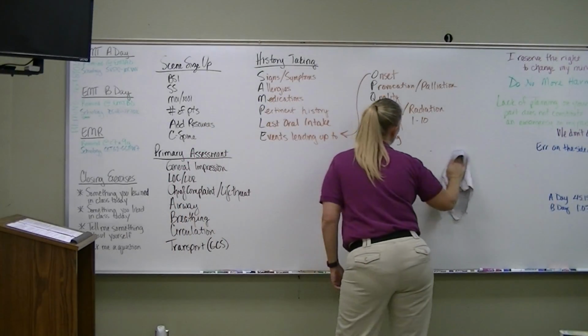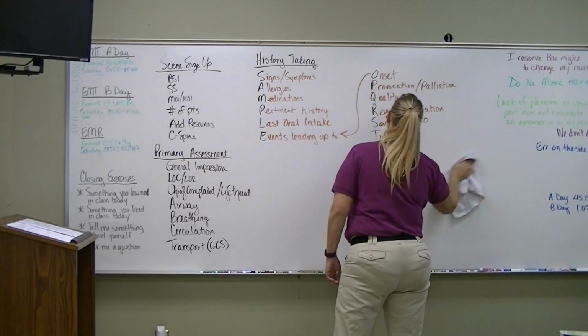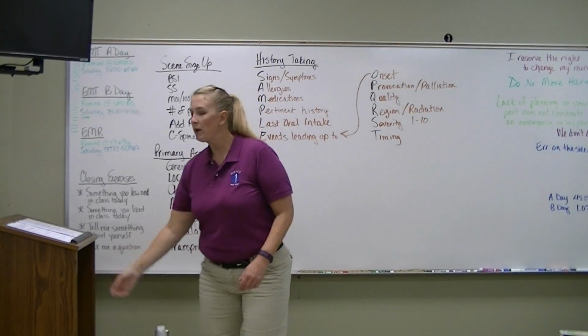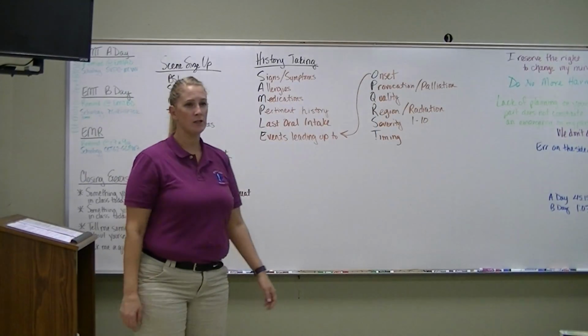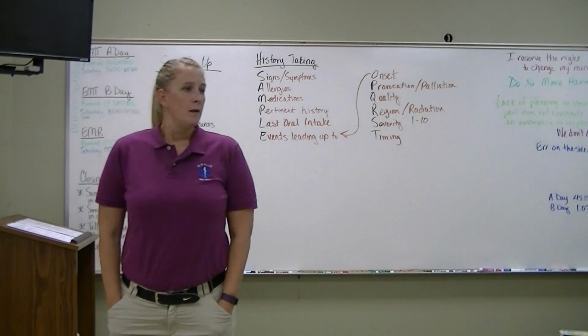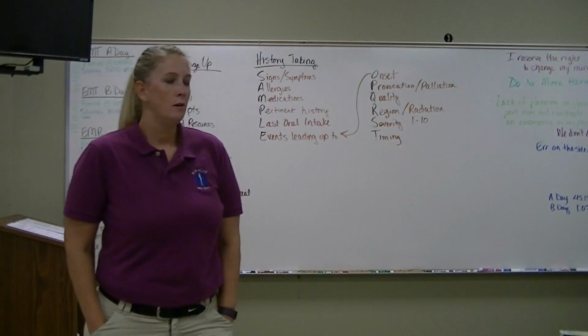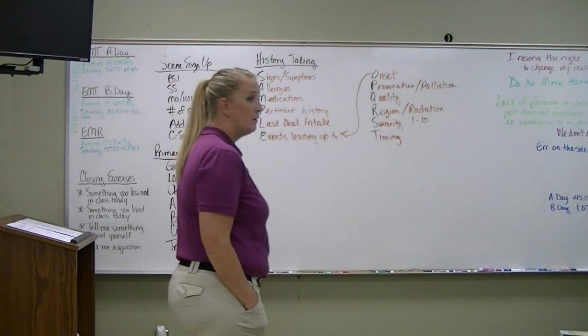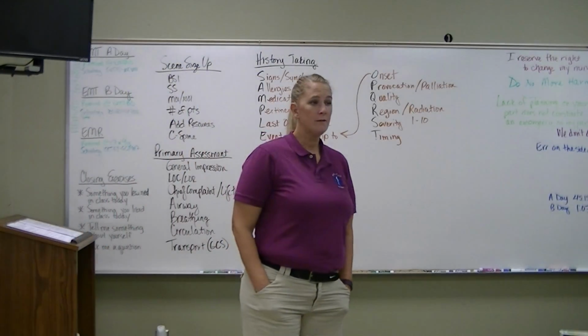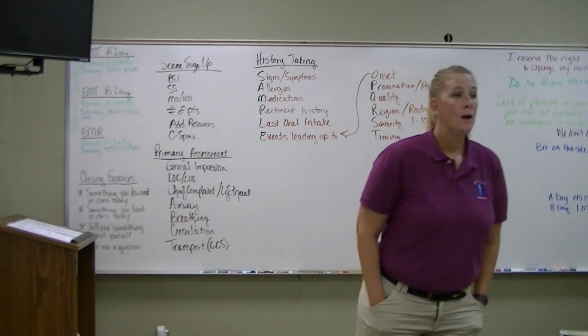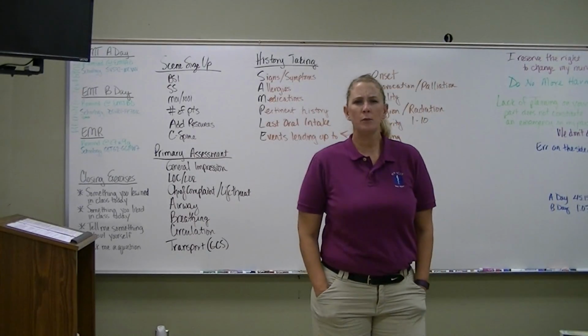Our history taking is part of our trauma assessment. What are we going to do if we can't ask our patient these questions? Ask someone else who may know. Who? Family members, bystanders, or a caregiver. What else could we do?